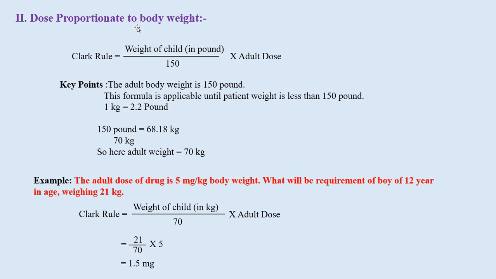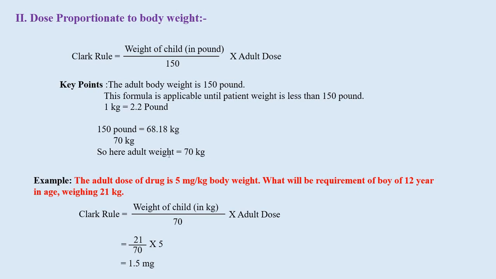What are the key points regarding that formula? Here the adult body weight is 150 pounds. This formula is applicable only while the patient weight is less than 150 pounds. And 1 kg is equal to 2.2 pounds. So 150 pounds means 68.18 kg, which is approximately, sorry, 70 kg.